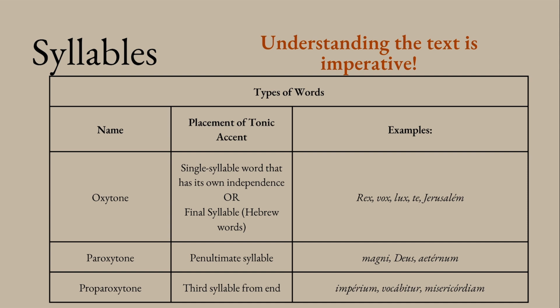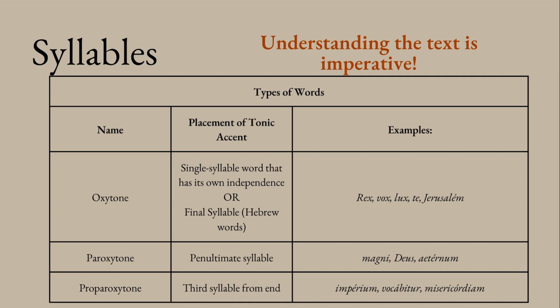Then we have a paroxytone. It starts to get a little convoluted just with the pronunciation here, so bear with me. That just means that the tonic accent, that principal accent, is going to be on the second to last syllable. Magni, Deus, Eternum. Right?